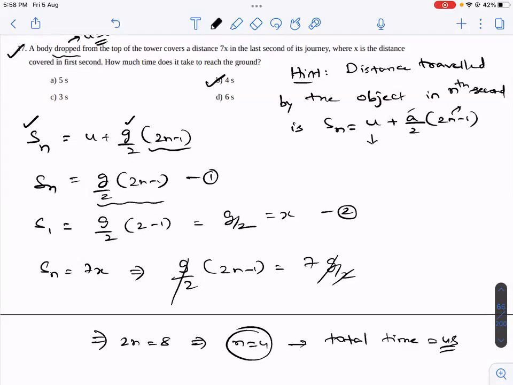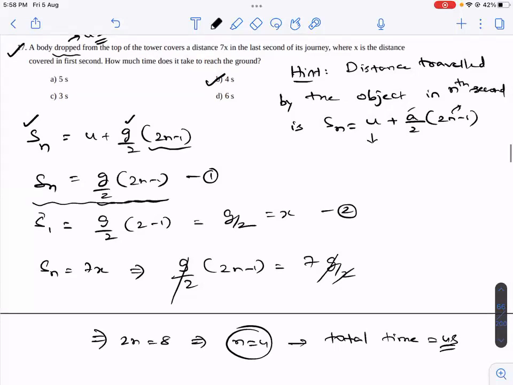So what is S1? By the way, the previous one is the distance traveled by the object in the nth second. Distance traveled by the object in the first second will be what? Again, u is 0. Acceleration due to gravity is g divided by 2 into, in the place of n, I substituted 1, so 2 minus 1, which will give me g by 2.